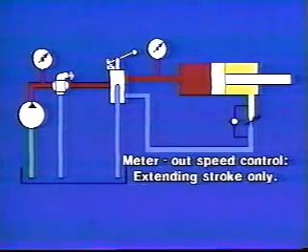But we have a 10-gallon per minute pump. And here, too, the other 4 gallons would return to tank over the relief valve, and our pump would be operating at the relief valve setting, regardless of how easy or difficult it was to move the load.